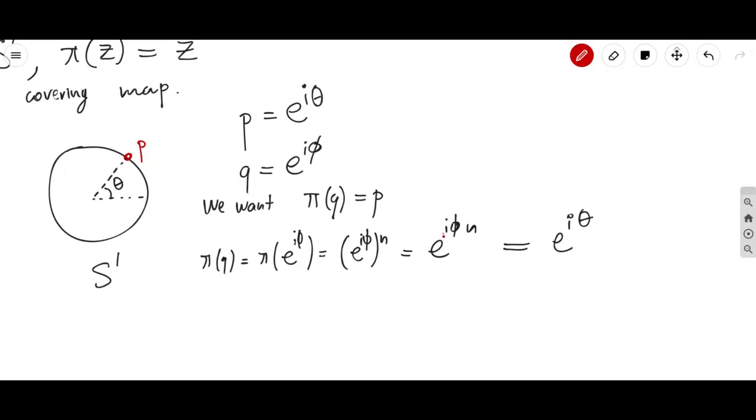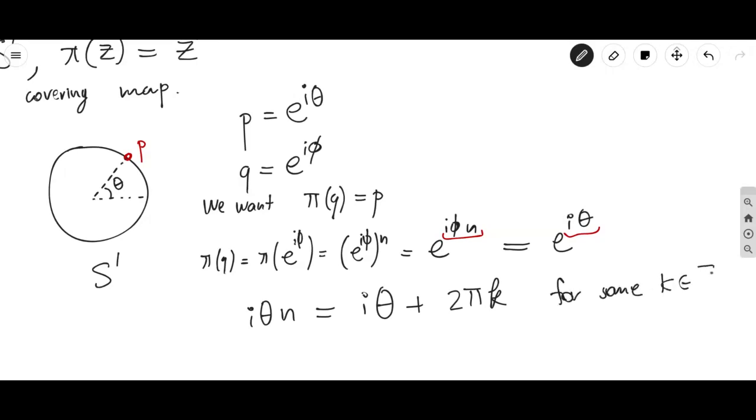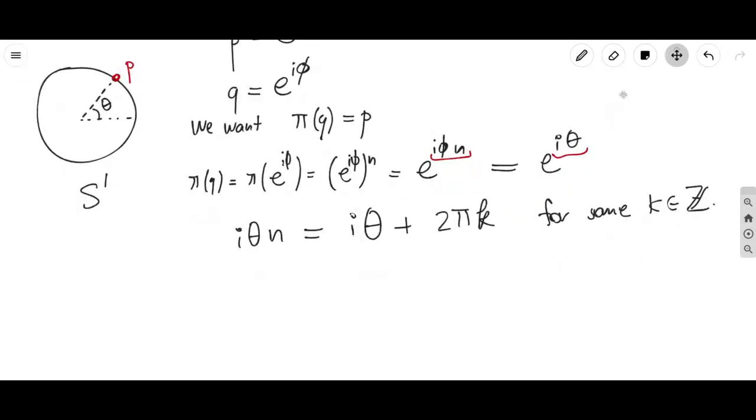And now you equate the exponents. If this is equal to this, then it means i phi n is equal to i theta up to an integer multiple, 2 pi k for some k in Z. Small mistake, I keep on writing theta, I meant to say phi.